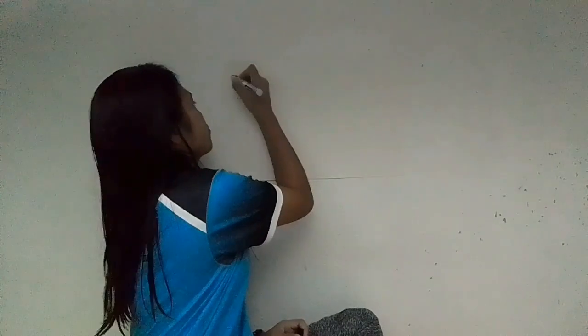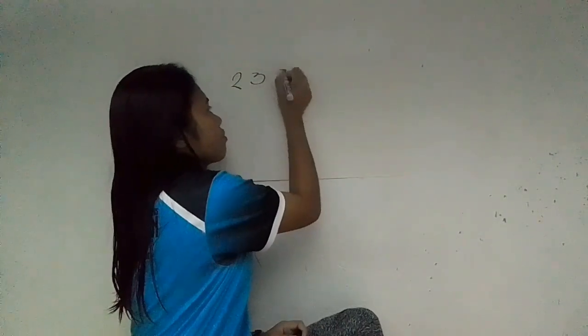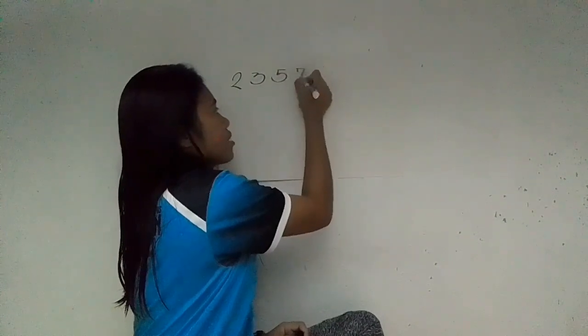Next is Euclid's proof of infinite primes. Euclid proved that there are infinitely many prime numbers. How? Let's imagine you list some prime numbers. We will write 2, 3, 5, and 7.